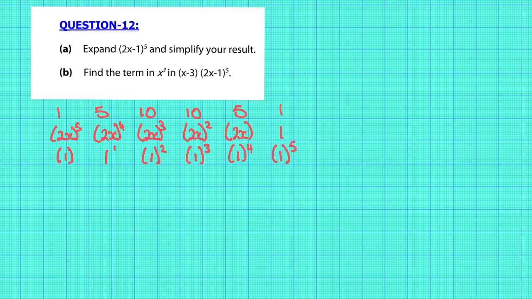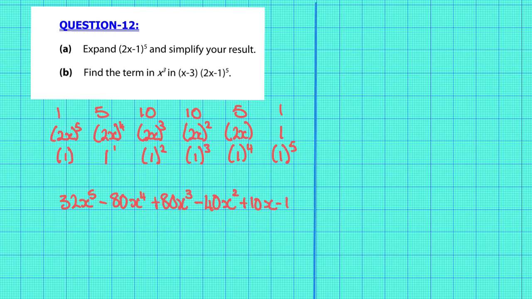If we multiply that out, we get 32 x to the power of 5 minus 80 x to the power of 4 plus 80 x cubed minus 40 x squared plus 10 x minus 1.